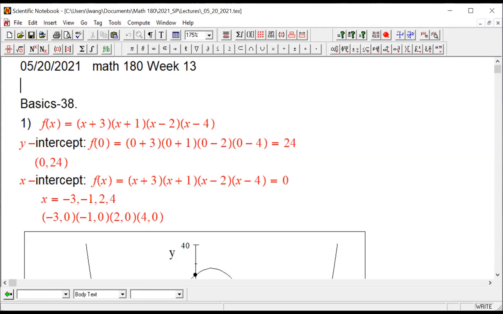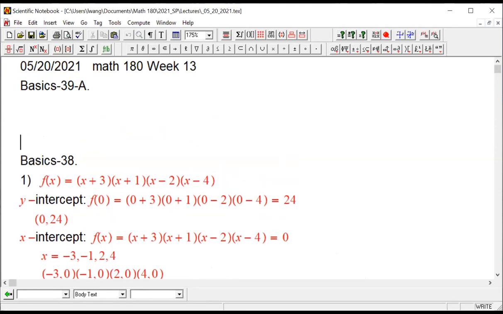Oh, but wait a minute, I'm going to make a change. This change was meant to be made before. 39A. I was planning to give you more exercises, but I didn't do it.